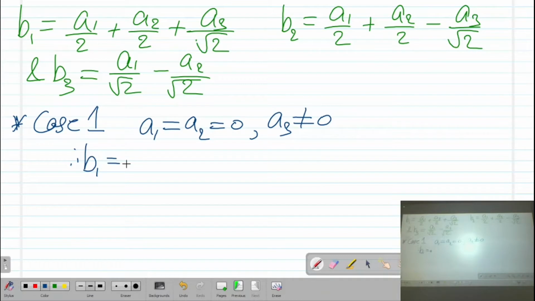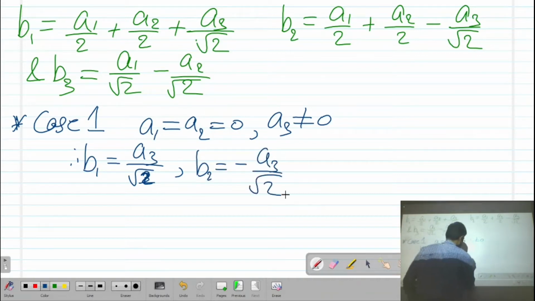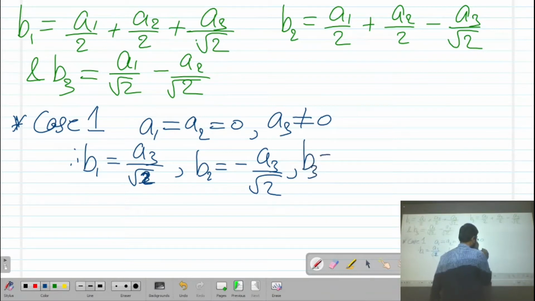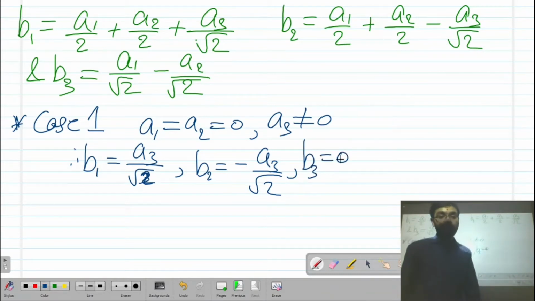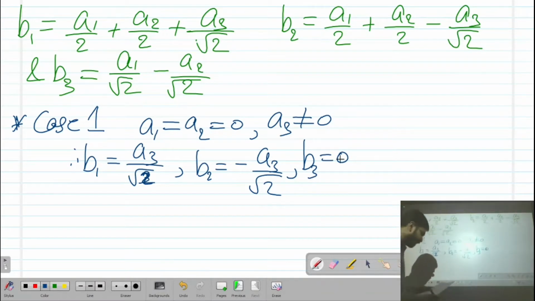B1 will be equal to A3 by root 2. Similarly, B2 will be equal to minus A3 by root 2 and B3 will be equal to 0. This is nothing but the values of B1, B2, and B3 with respect to the ports.